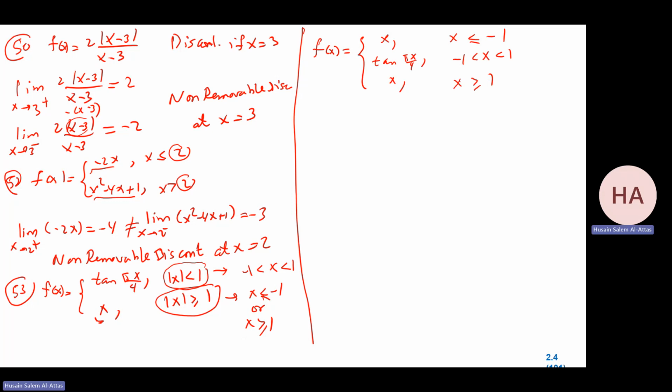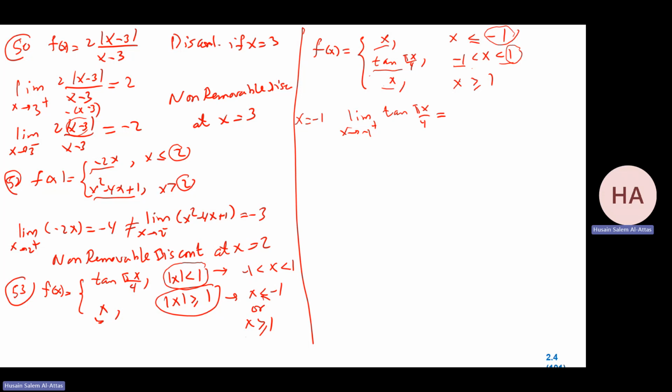This function is continuous. Tan has a problem, but in this interval between -1 and 1, it means this is between minus pi over 4, pi over 4, which is okay. Tan is defined, everything is okay. And this one is continuous, always everywhere. So I need to check only these junction points at x equal -1. Check the limit as x goes to -1 from right, so I am here, tan pi x over 4.